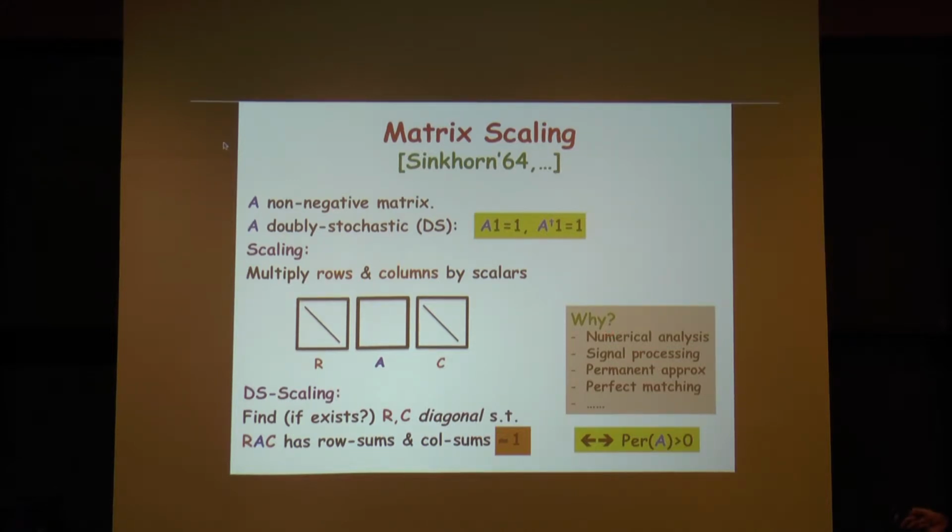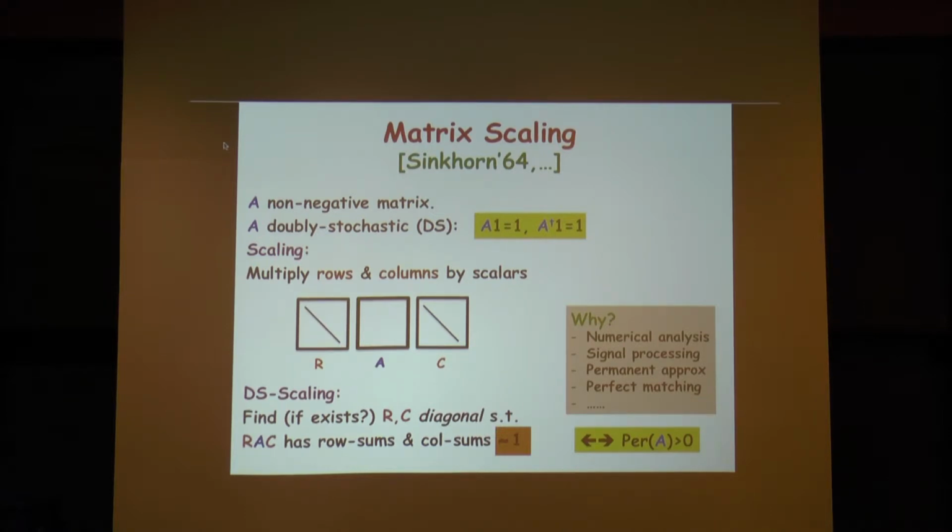You can ask why people looked at this, and actually there are great reasons. It started with Sinkhorn, and maybe even earlier from numerical analysis. It appears in signal processing. We used it in our paper. I'll talk a little more soon on approximating the permanent, and it is equivalent to perfect matching. And there are many algorithms for this. It's an important problem in itself.